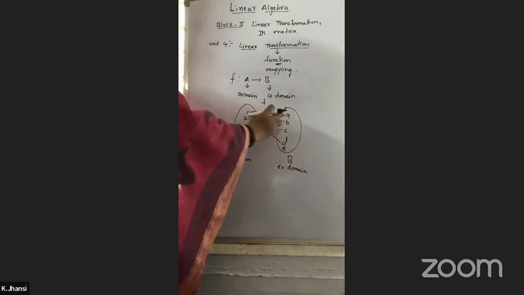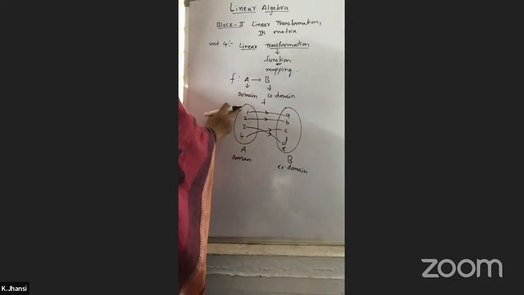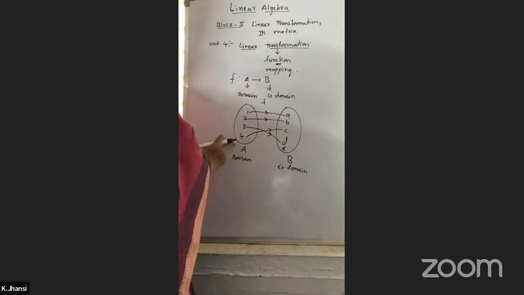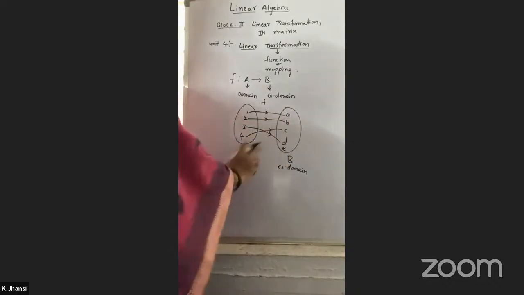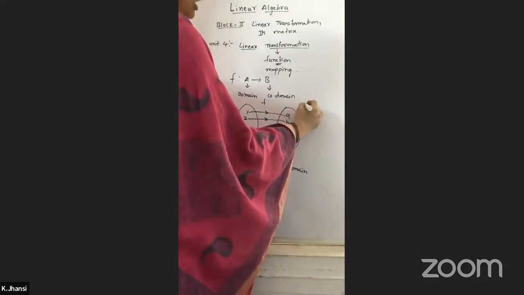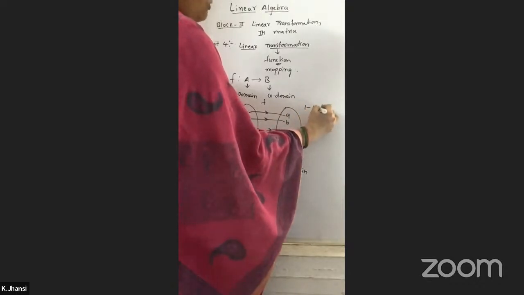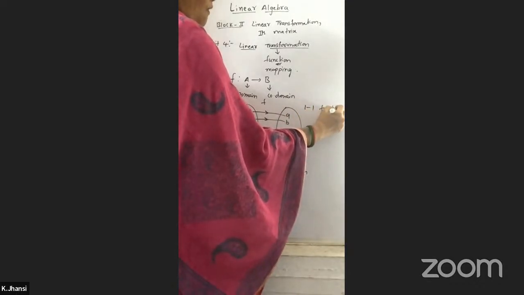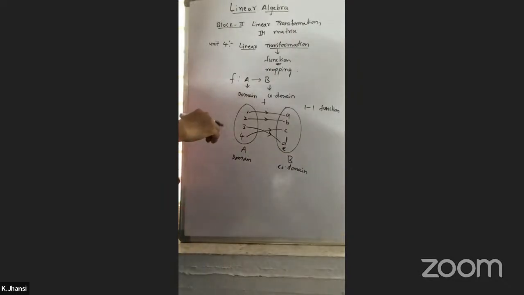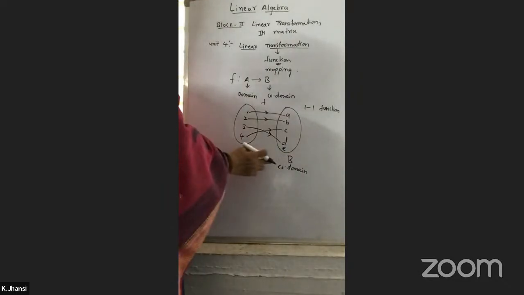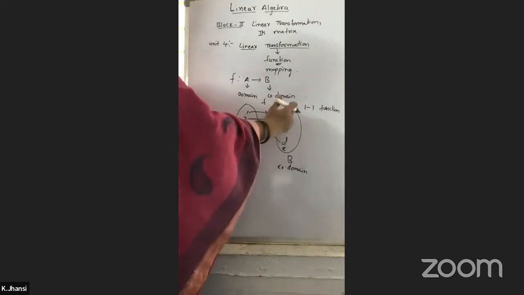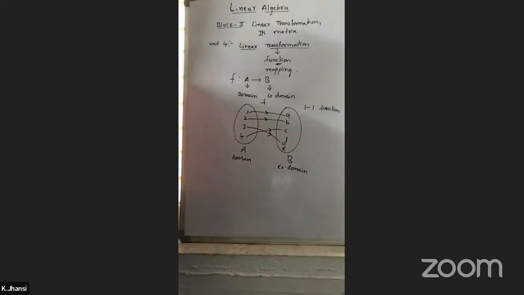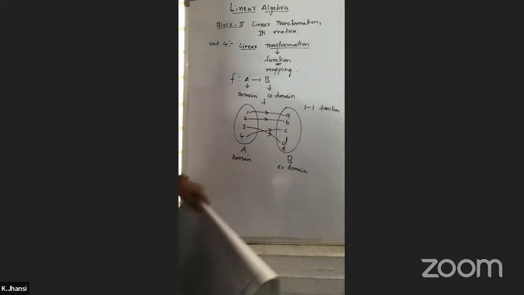Okay. So if the elements in A each have only one image in the codomain, then we call it a one-to-one function. Okay, one-to-one function. And if the domain is equal to the codomain, so all the elements in set A and set B are equal, then we call it a one-to-one function.